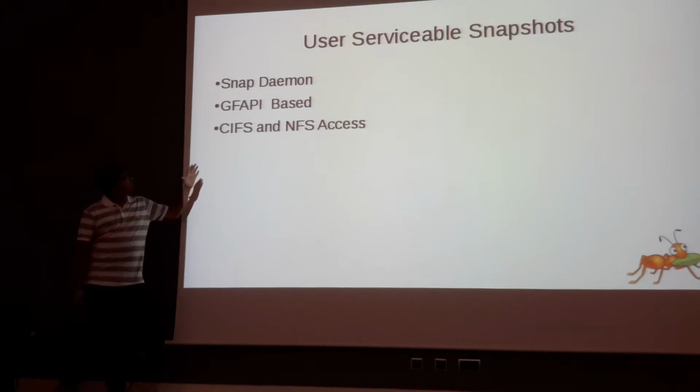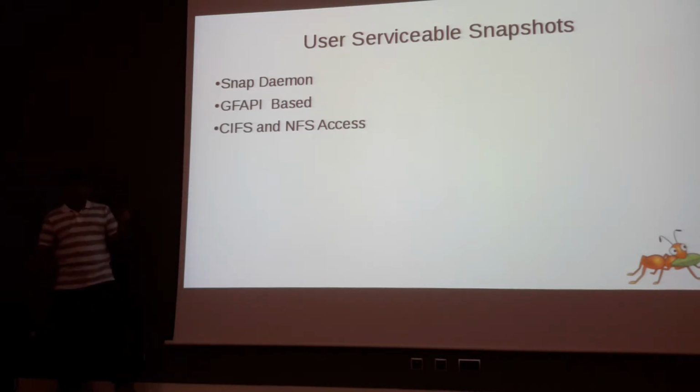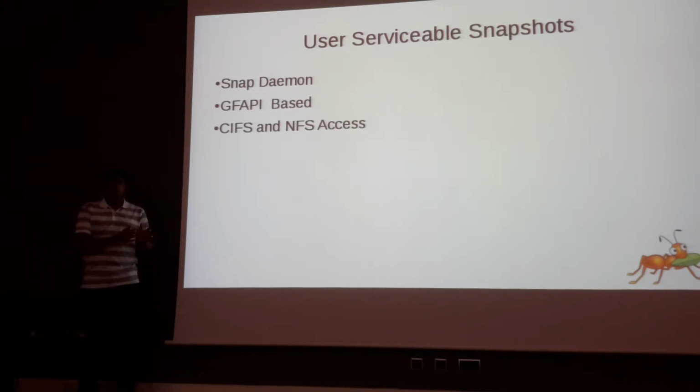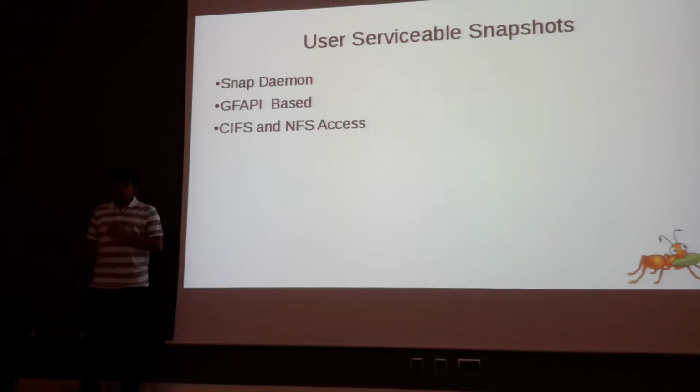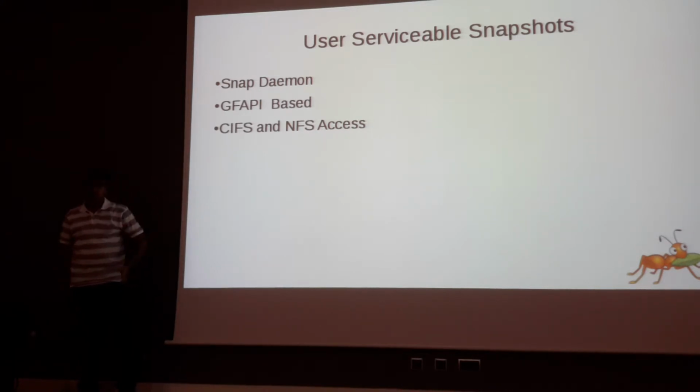The advantage of this is that it's not just Fuse, it's NFS and even Samba or SMB as well. So user-specific snapshots can be used even via NFS clients or SMB clients.